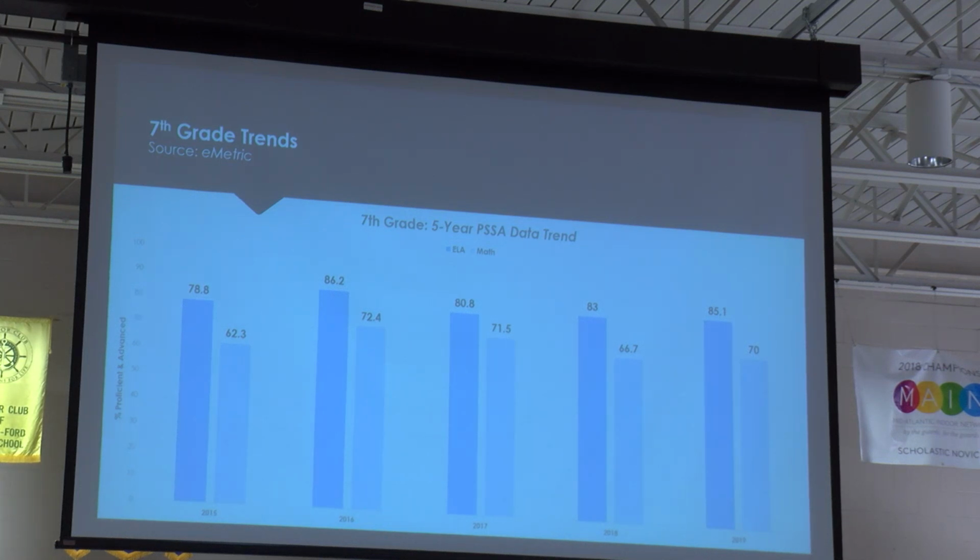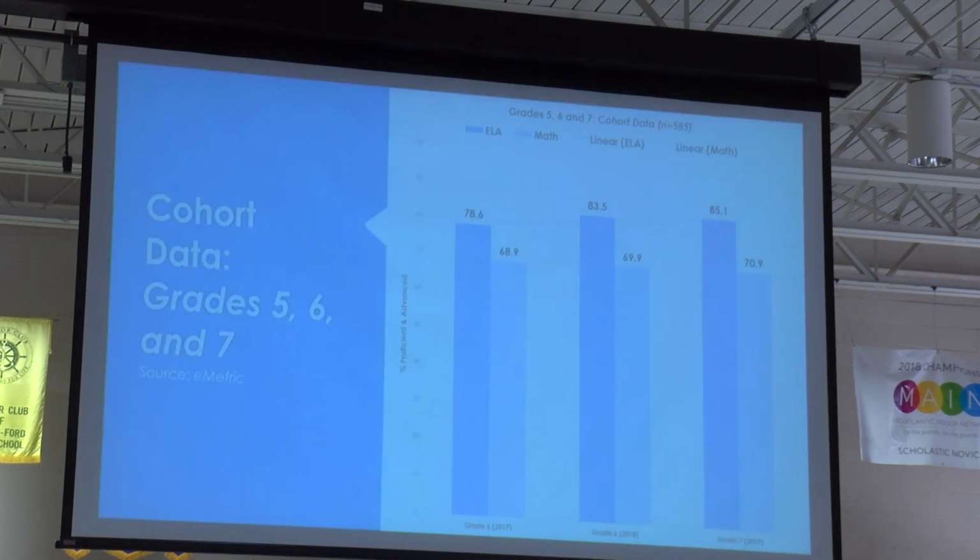So this is not representing that cohort data, but this is showing us that we do expect some transition as students are changing buildings. We do expect some of that. But once again, when our students are with us, we're seeing growth over time, and the longer that they're with us, we're continuing to see that growth.